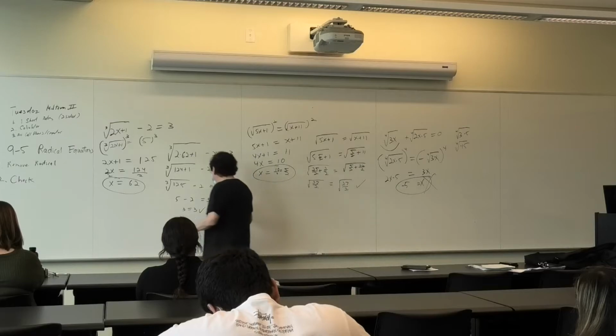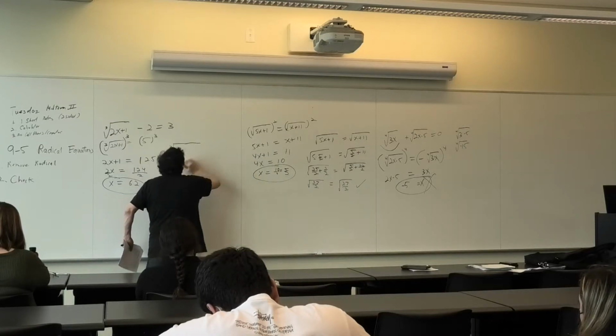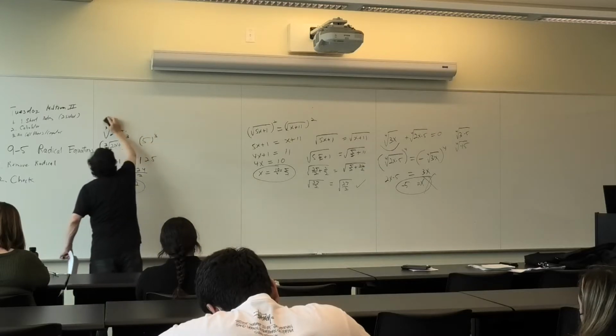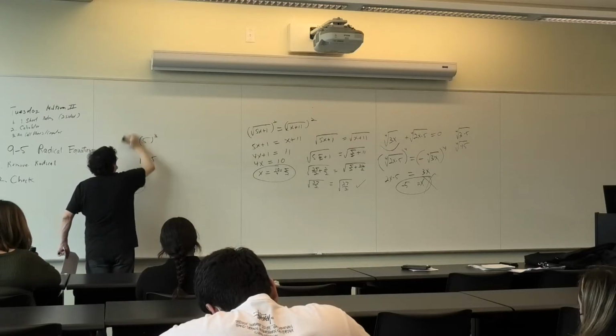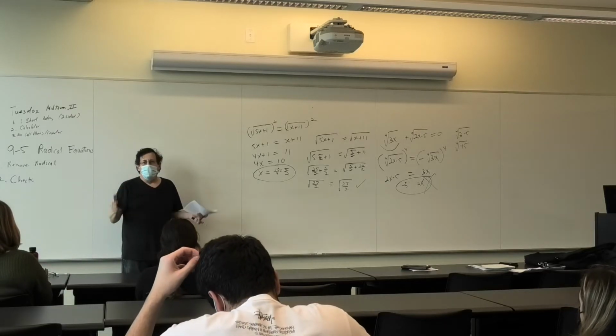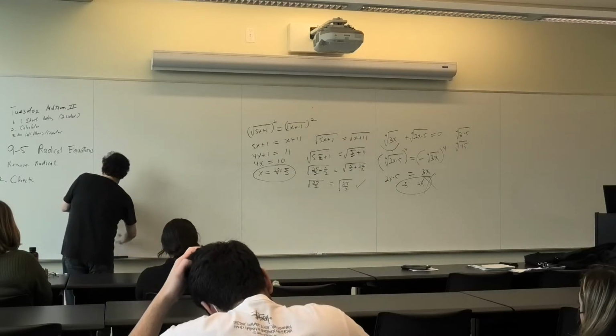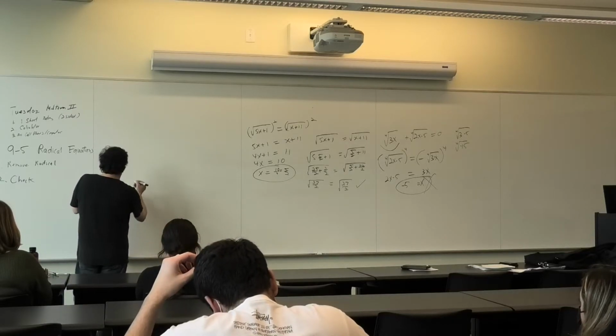There's another technique for certain kinds of problems. So far, what we've seen is we've had a radical or two radicals that disappear when we raise it to a power. We might see a problem like this though.